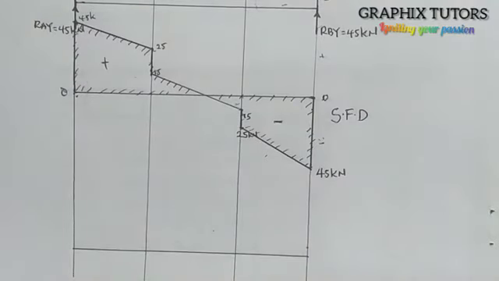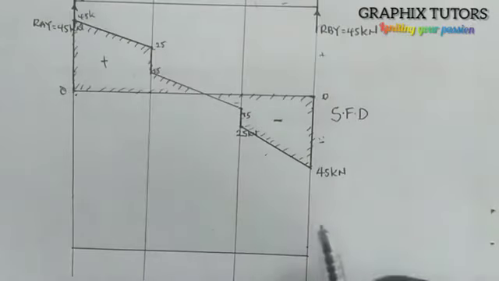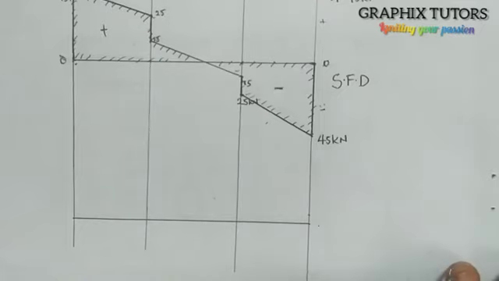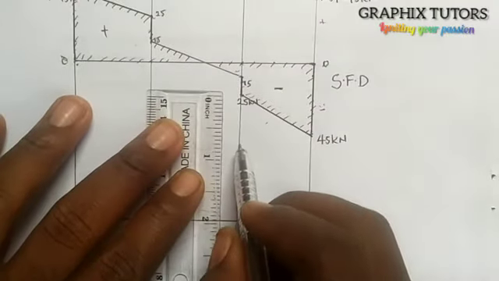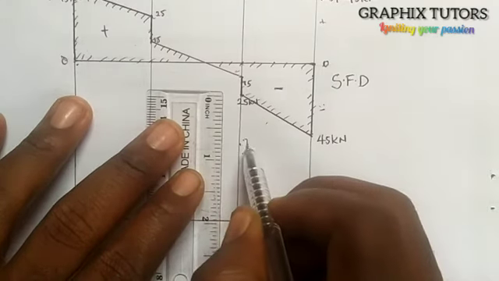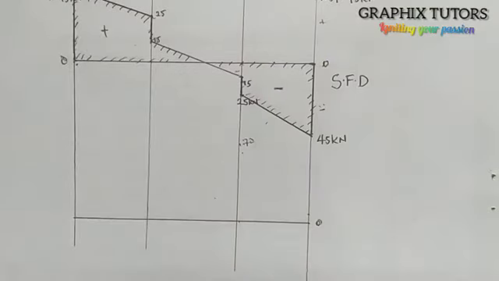So bending moment at B is 0, so that is a 0 here, and bending moment at D is positive 70. So at D it is 70, and I'm going to assume this point is my 70 here, right? So this is 70, and this is 0.